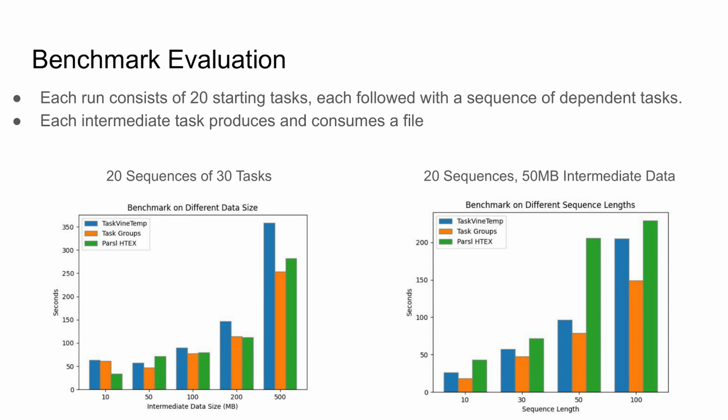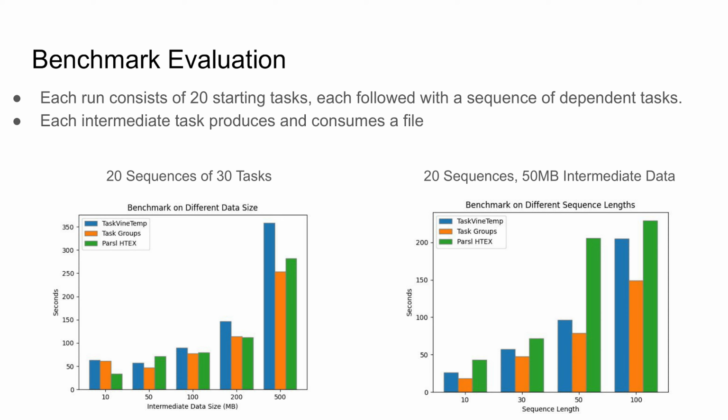So I implemented these things and I put together a little benchmark application just to see if this was a worthwhile endeavor. And this benchmark application produces batches of sequentially dependent tasks. Each task produces a data file, and each intermediate task produces and consumes a data file of a fixed size, which can vary, and the length of the sequences can vary.